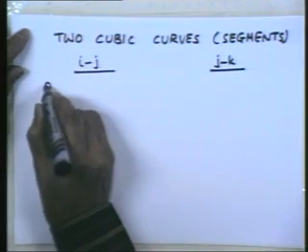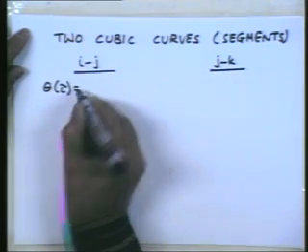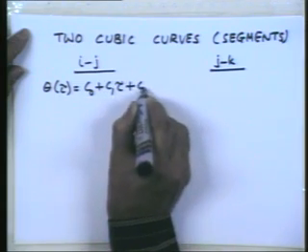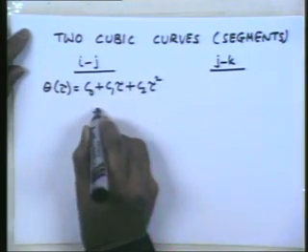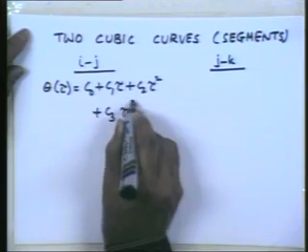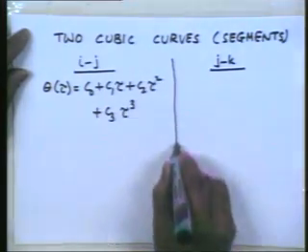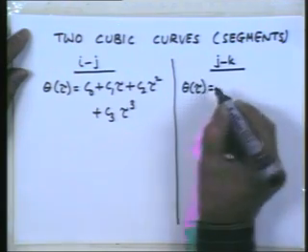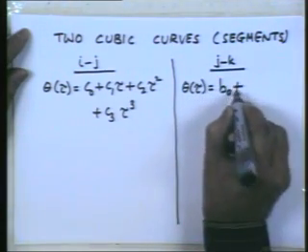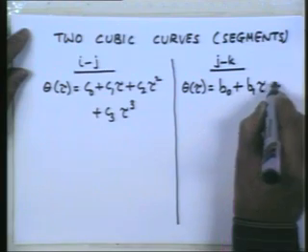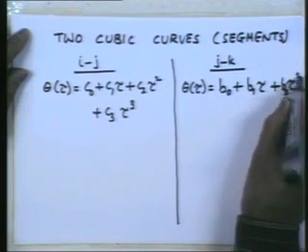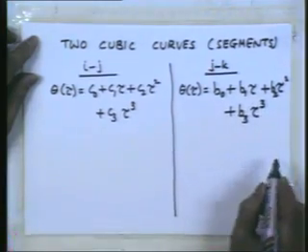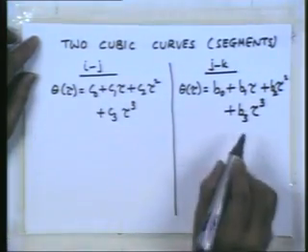So what I am going to do is to say that theta of tau is C0 plus C1 tau plus C2 tau squared plus C3 tau cubed, and here theta of tau is again say some B0 plus B1 tau plus B2 tau squared plus B3 tau cubed, where tau is a local time frame.